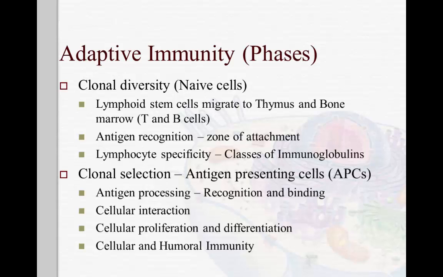In the clonal selection, the lymphocytes will remain dormant until the antigen initiates the second phase of the immune response. Basically, the antigen-presenting cells, along with macrophages and dendritic cells, are in charge of recognition, binding, and also presentation of this antigen to the immune system.